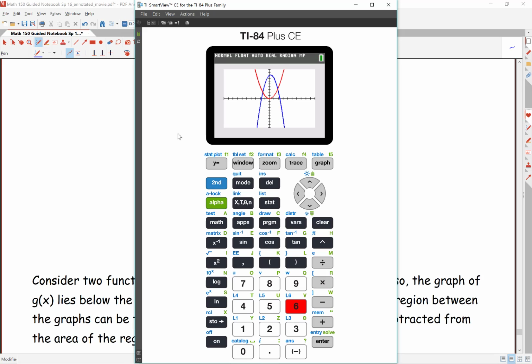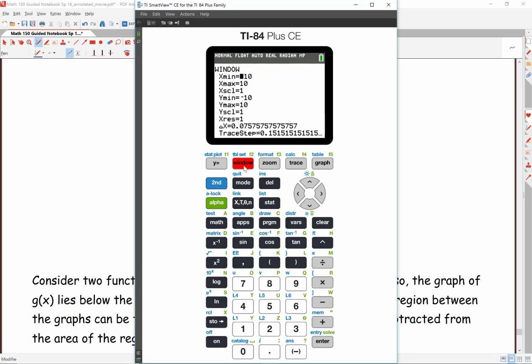And now we can set our window to be a little nicer. And then our y minimum, why don't we just have be negative 2? And we'll graph. There we go. All right, perfect. So let's take a look. We're going to copy this one.